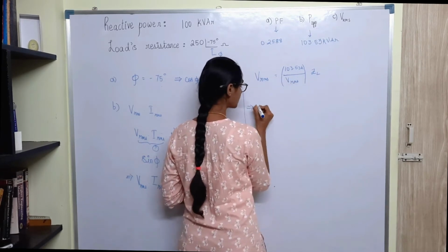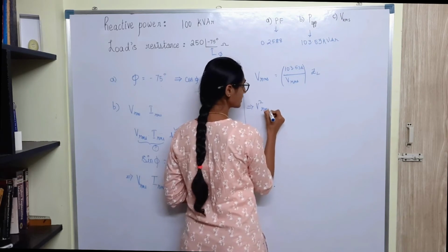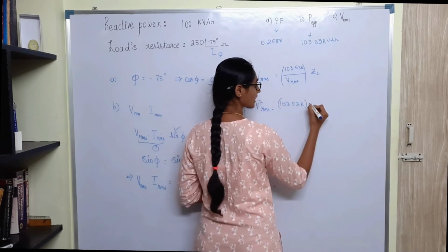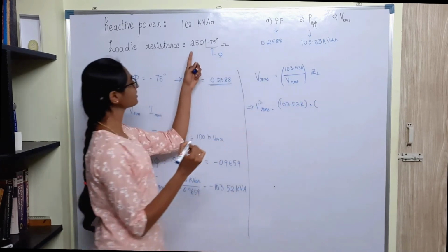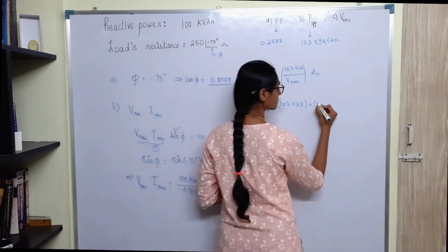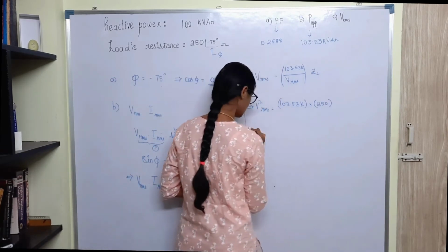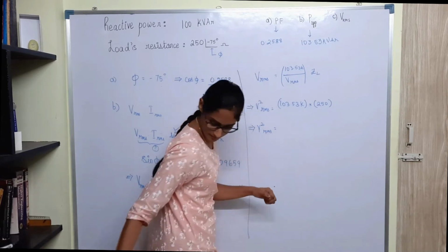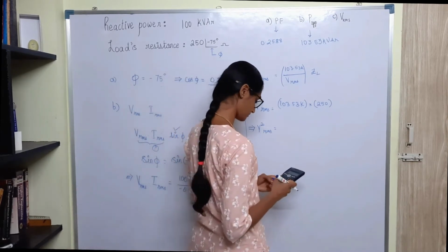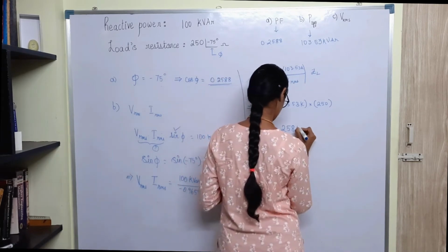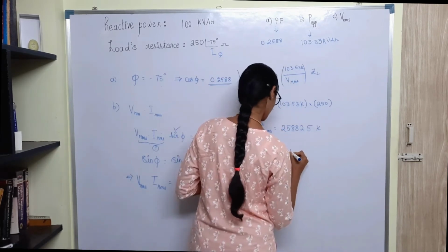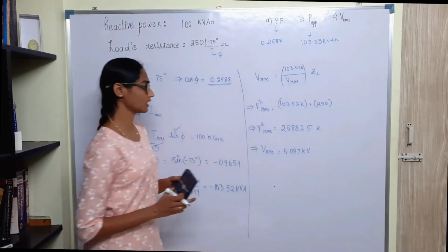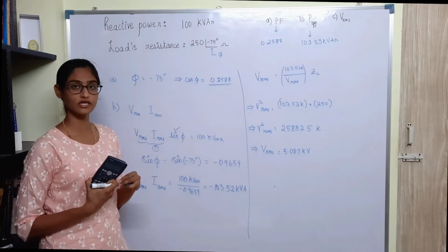This implies that V square RMS will be 103.53 k times the impedance. The value of the impedance is 250. So V square RMS will be, V RMS is 5.087 kilovolt.